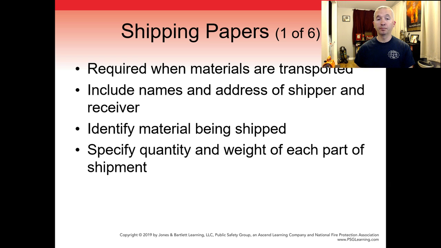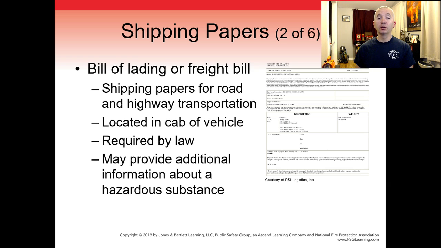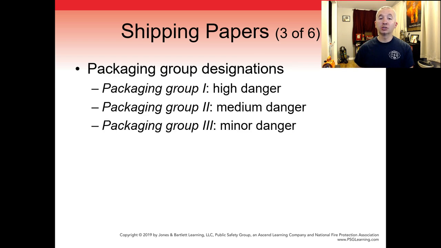The bill of lading, or freight bill, is the shipping paper for road and highway transportation. It is usually located in the cab of the vehicle, is required by law, and may require additional information about the hazardous material inside. Packaging group designations: Packaging Group 1 is for high danger, Packaging Group 2 is medium danger, and Packaging Group 3 is minor danger.